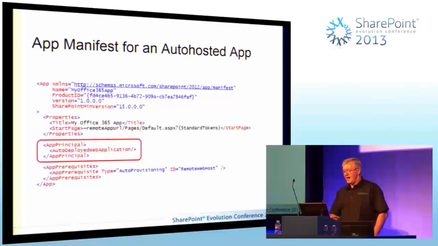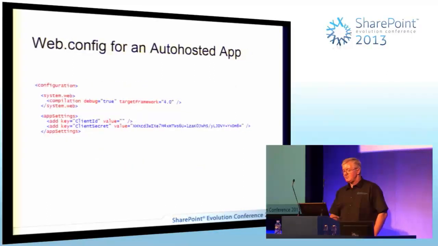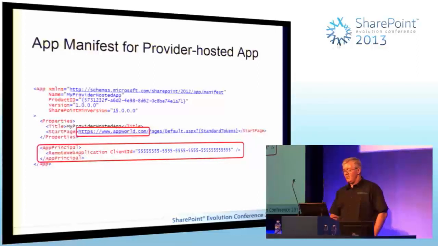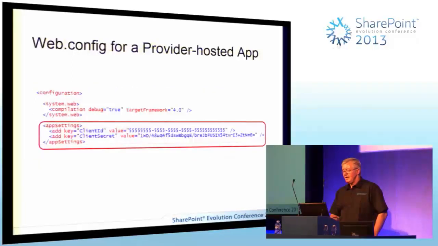However, in a provider-hosted app, we're going to have to add the remote web application client ID inside there. Okay. And then in the web.config file for both, you have to have the client ID and the client secret.